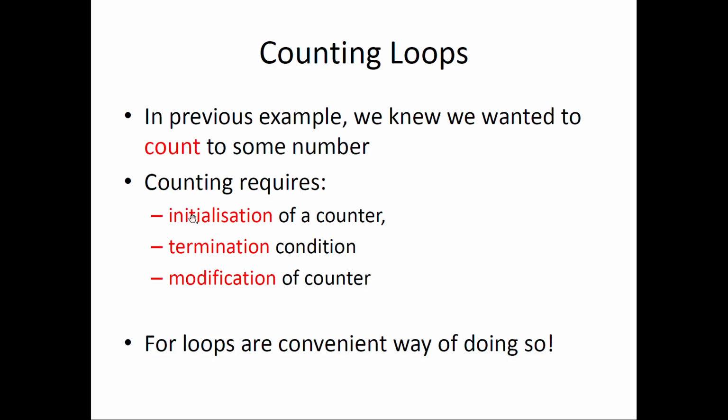The very first parameter is the initialization of the counter. You tell the looping structure what's the first variable, and where it starts from. Does it start from 0? Does it start from 1? You tell it straight from the go. You have your termination condition.